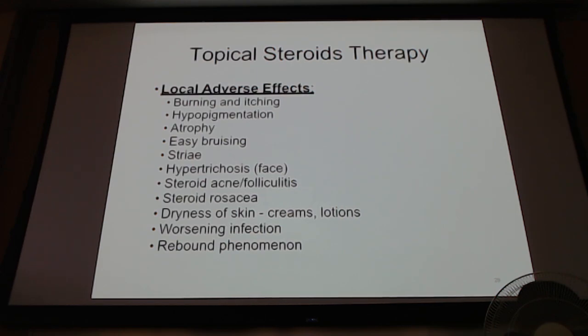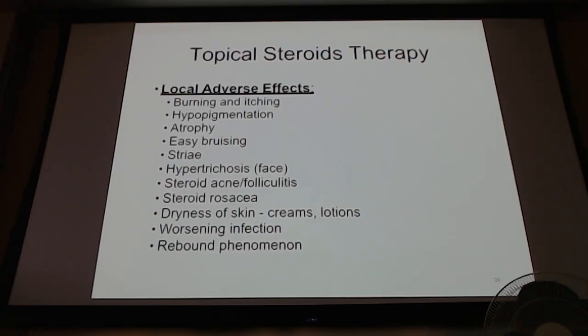Adverse effects. This is why we do follow-ups, why we give them plans, and give them methods of when and how to do it, because if they're overusing it or on it for too long, it can actually cause some side effects, right? So burning and itching, hypopigmentation, that's just having that skin turn white, right?